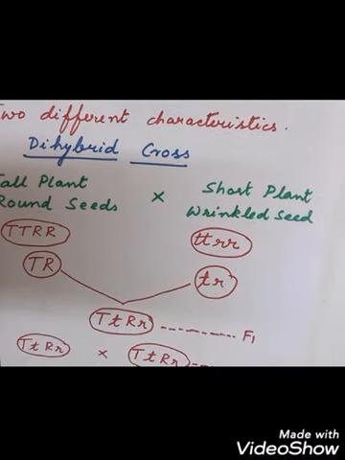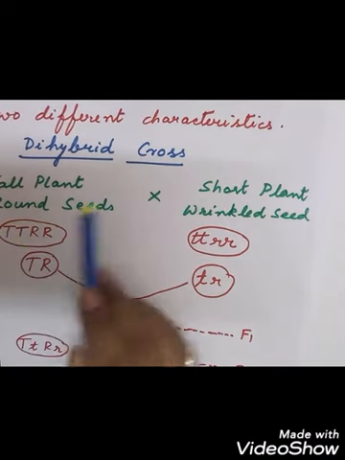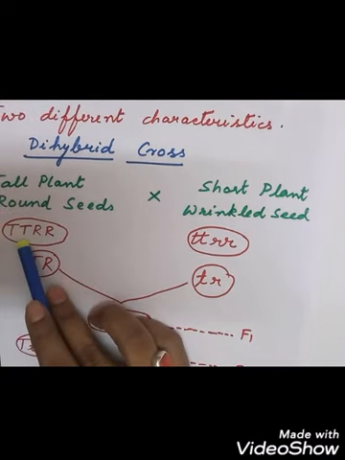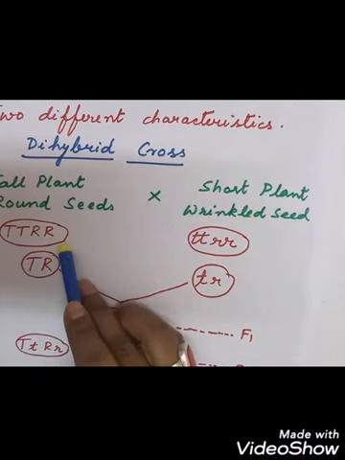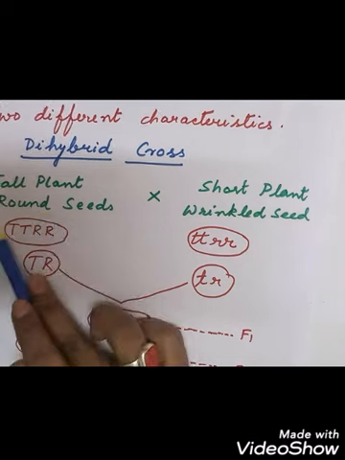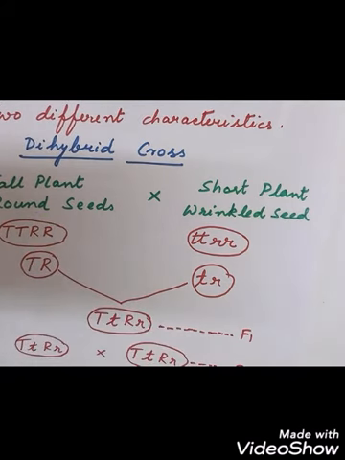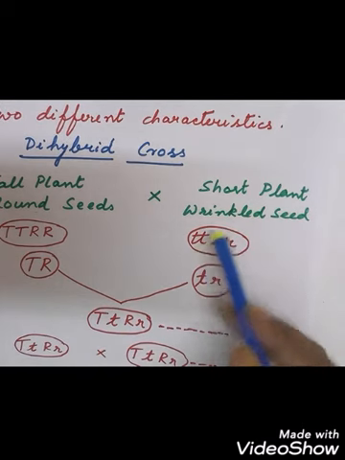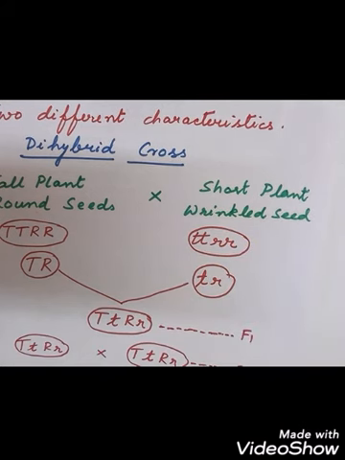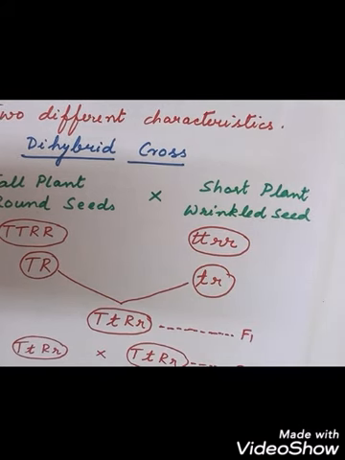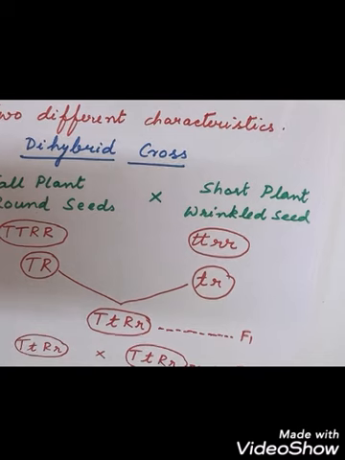As before, we represent tall with capital T, and round seeds we take as dominant, so capital R. These four are the dominant traits. Short is small t and wrinkled seed is small r. These are all recessive. So this cross is called what? Dihybrid cross, because we are taking two different characteristics from the same plant.